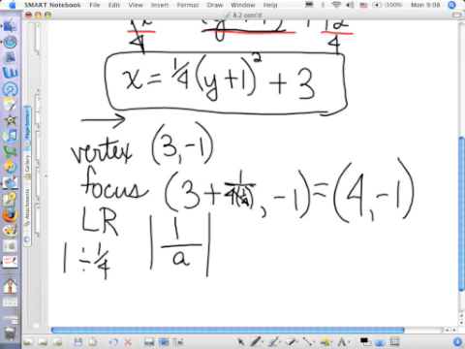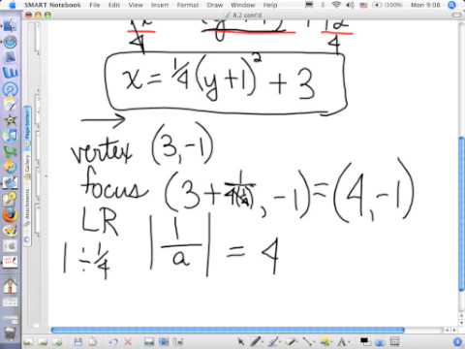So what's 1 times 4? So I have a vertex at 3, negative 1. I have a focus at 4, negative 1. I know this thing is opening to the right. And my LR is positive 4 units.